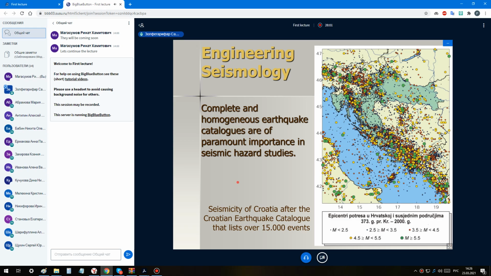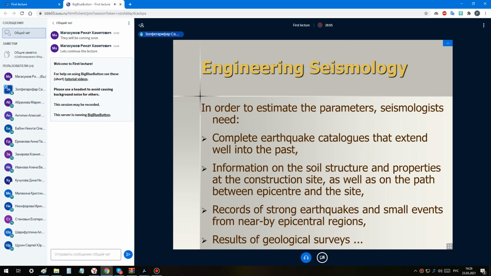After completing and gathering the information about the earthquakes, the seismologists estimate the parameters.